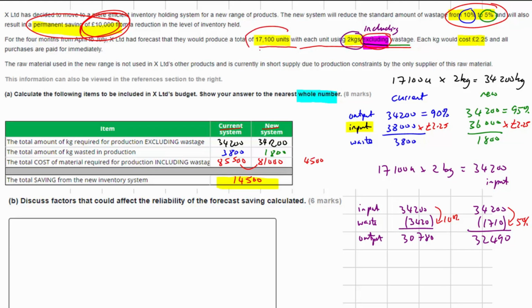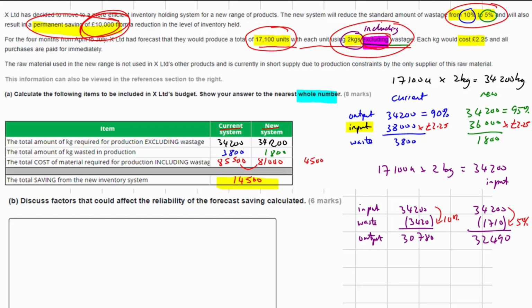Also, we're assuming what our future production is going to be of 17,100. Well, that may not be correct. So again, we have to rely on perhaps what our sales colleagues are telling us. We're also assuming that we need 2 kilograms per output of unit. Well, hopefully that's pretty good as an estimate, but it may not be.